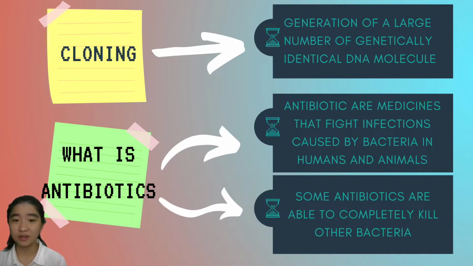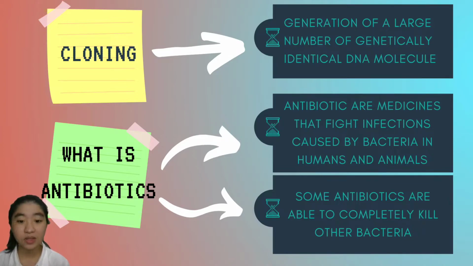According to Russell, antibiotics are organic substances produced by one microorganism which are toxic to another microorganism. According to Waltz, while some antibiotics can completely kill bacteria, others can only stop them from multiplying.